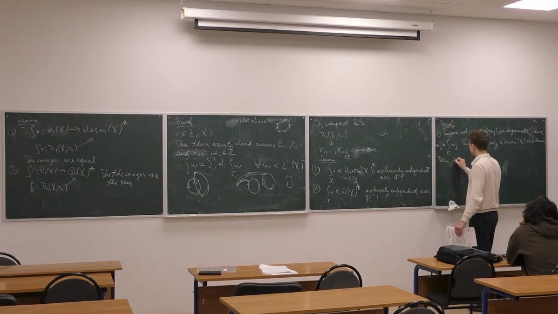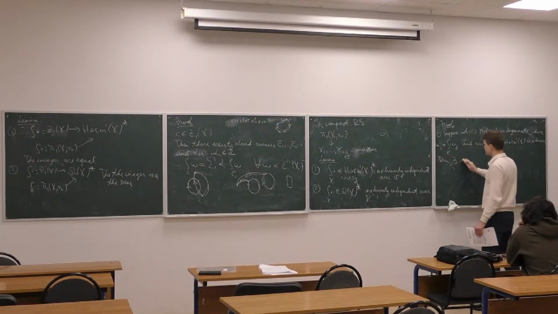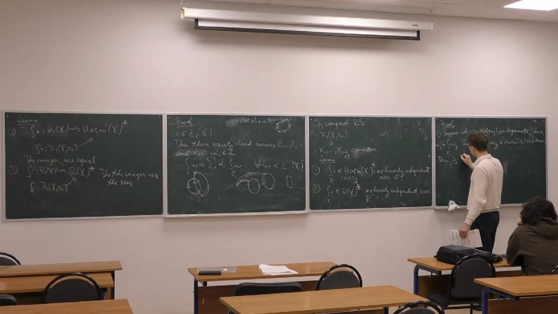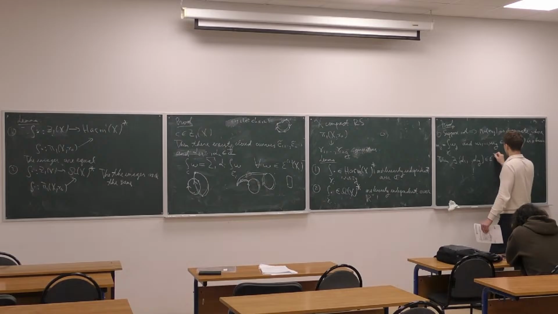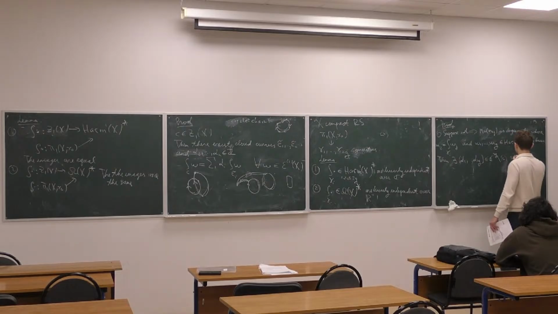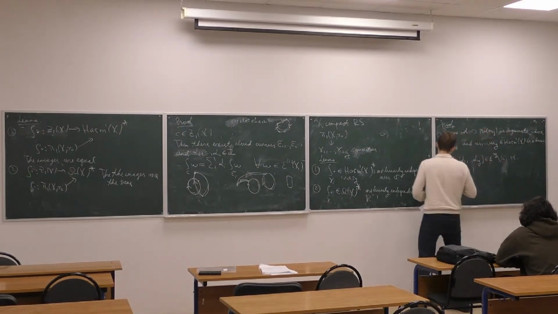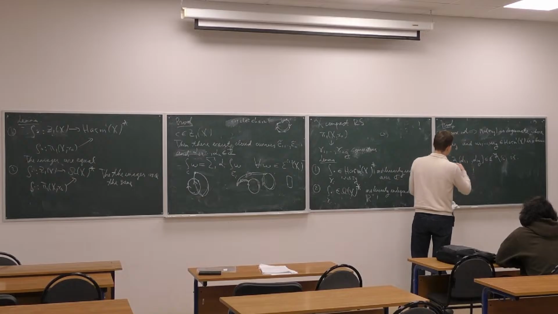Then there exist some constants, not all zero, such that, again, if the rows are linearly dependent, then the columns are linearly dependent.